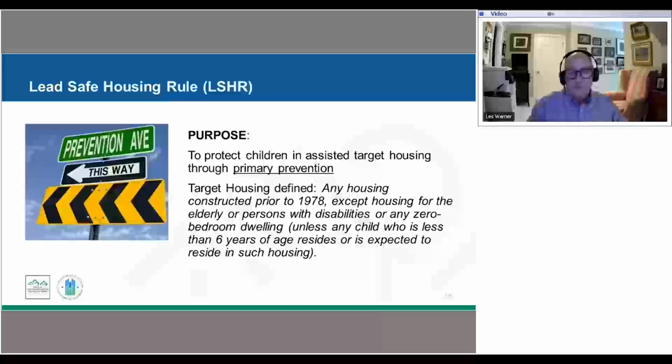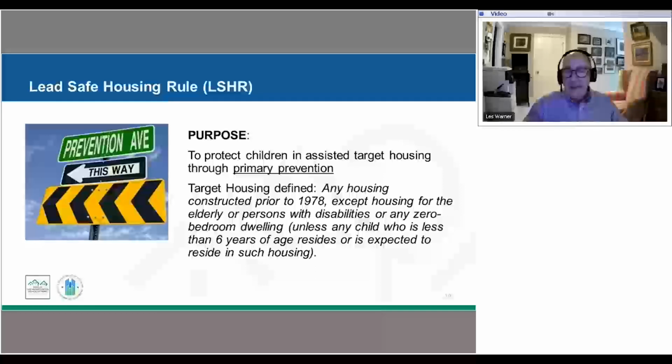Also, when we talk about exceptions, we'll also be talking about zero-bedroom dwellings, so single-room occupancy dwellings, and this is really with the idea that we would not expect that in a zero-bedroom dwelling we are going to have children occupying those units. That's not really what they were designed for.